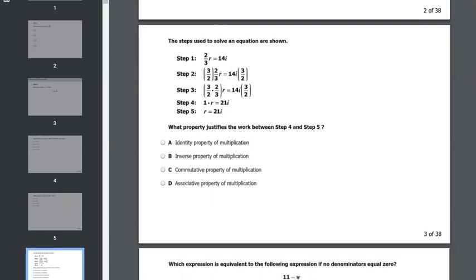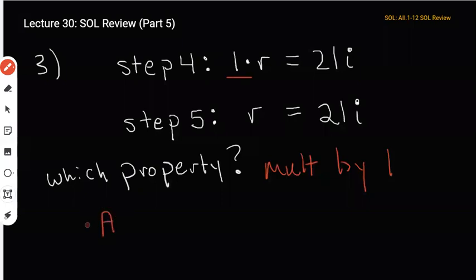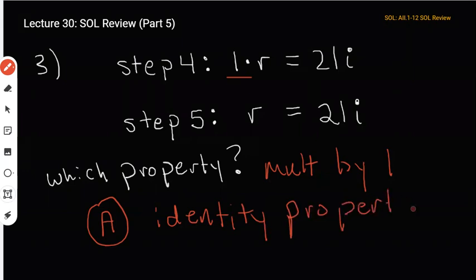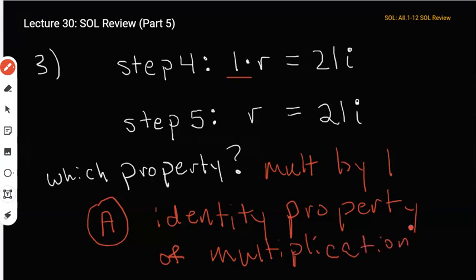So the answer is going to be the identity property, A. So that's called the identity property of multiplication. Okay, I'll leave that up there. And then we'll try number 4 in just a minute.